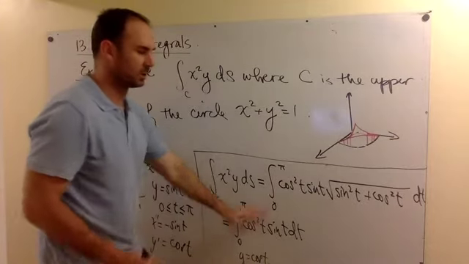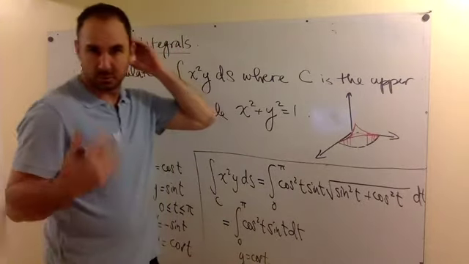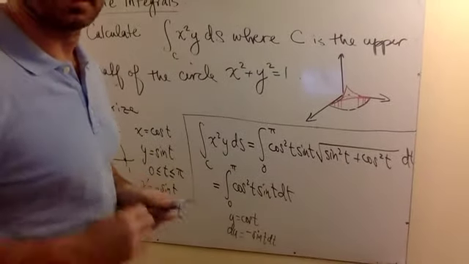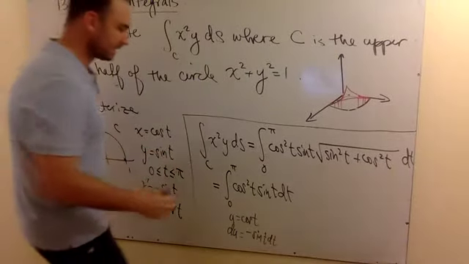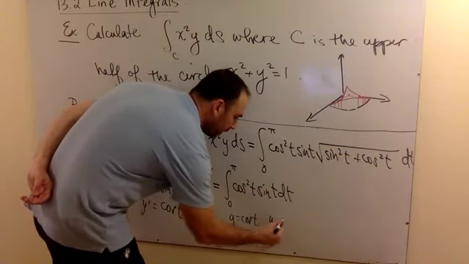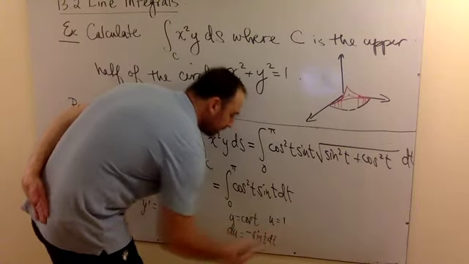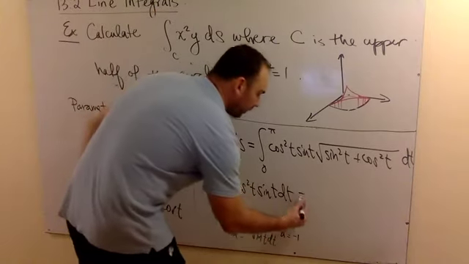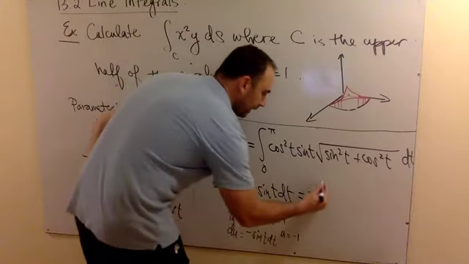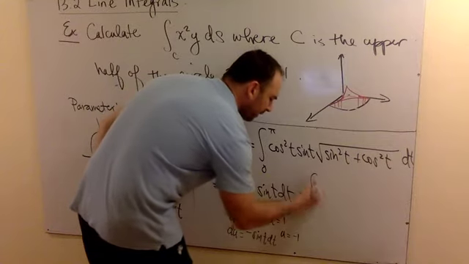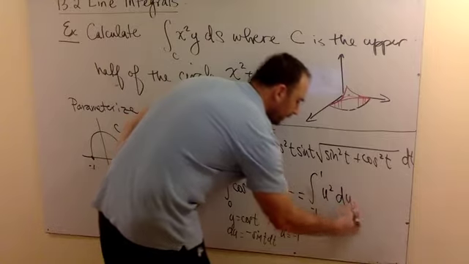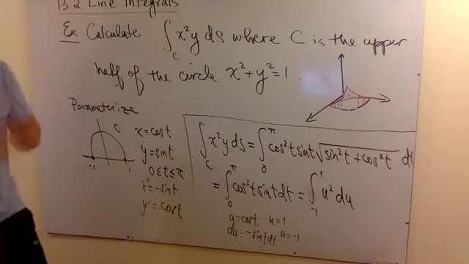Remember, this is just a u-sub to evaluate the integral. When t is 0, u is 1, and when t is pi, u is negative 1. And so the moral of the story is this becomes a negative, which I'm just going to write as a positive and switch the limits of integration, the integral of u squared du.